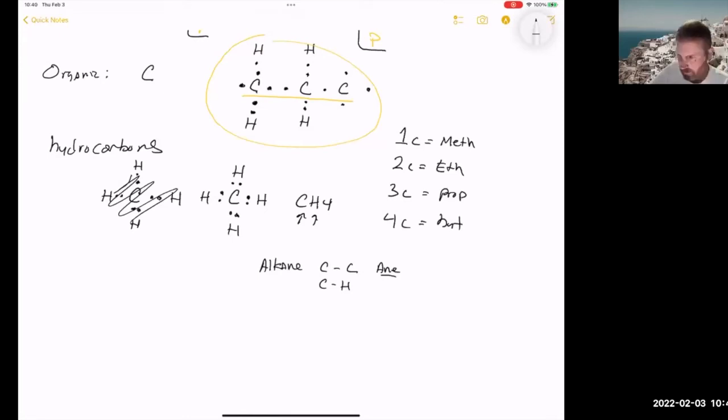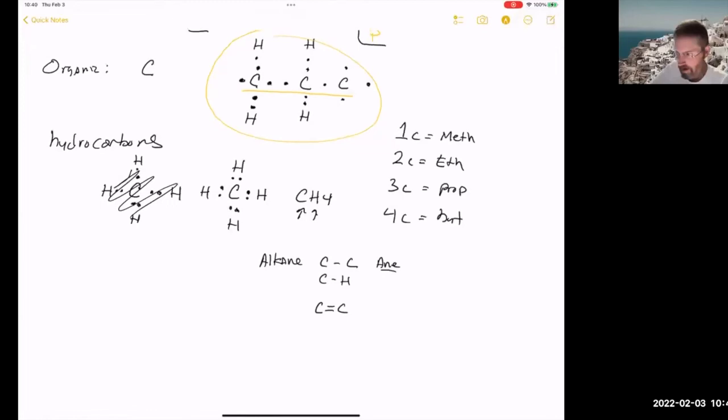Now, on the other hand, if there is a double covalent bond anywhere in that molecule, so 2 carbons double covalently bonded to each other, that is what we call an alkene. And then it will end with an E-N-E. And finally, if there is a triple covalent bond, those are called alkynes. So maybe I have a carbon triple covalently bound to another carbon, and it will end with a Y-N-E. All right. So how many carbons do you have, and what is the nature of the covalent bonds?